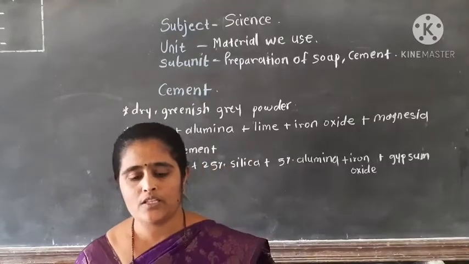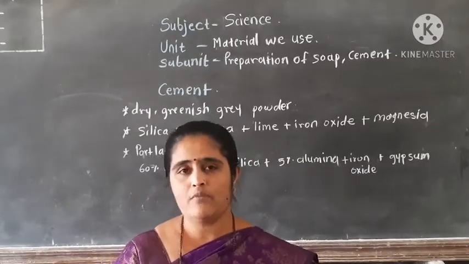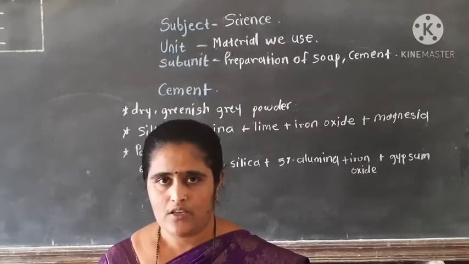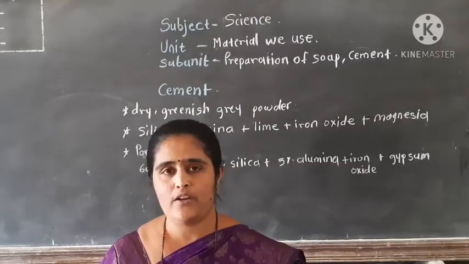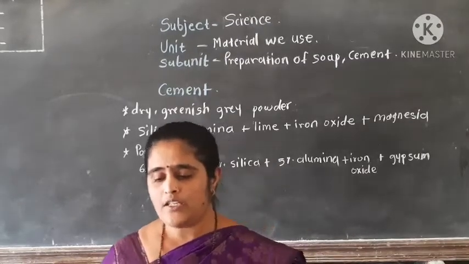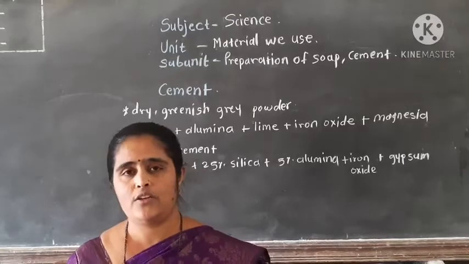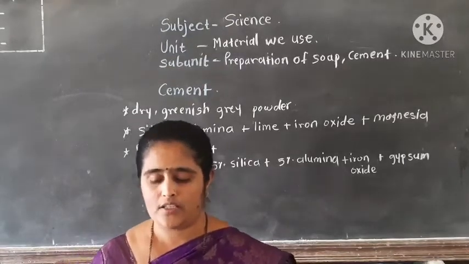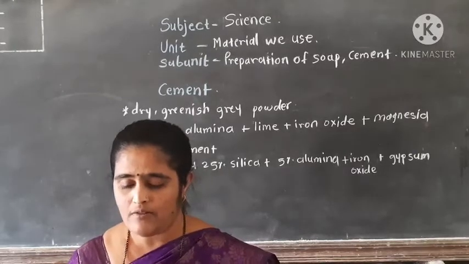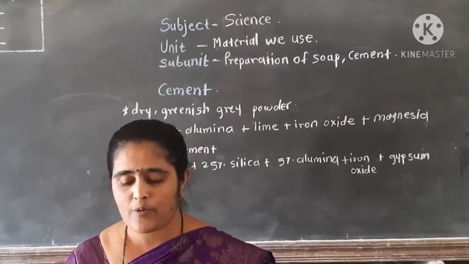Now we have to discuss some questions and answers from your exercise. Here we complete topic number 15, Materials We Use. Coming to the first question, fill in the blanks with the appropriate terms.